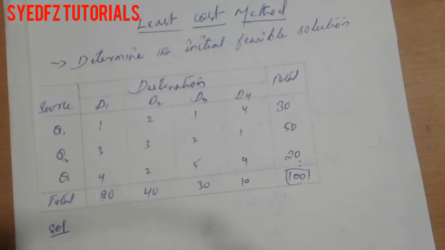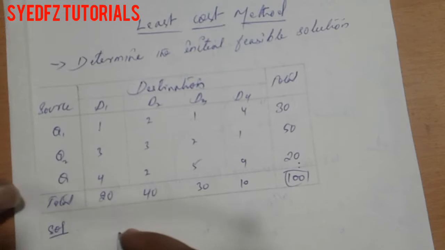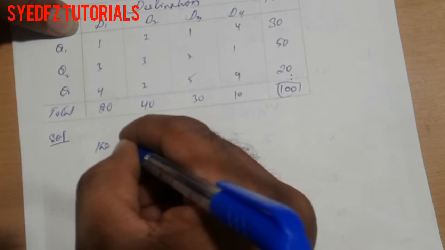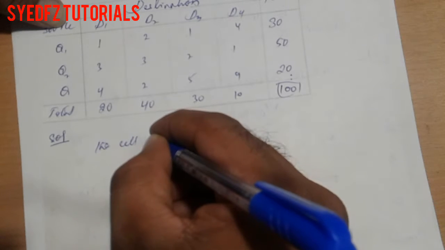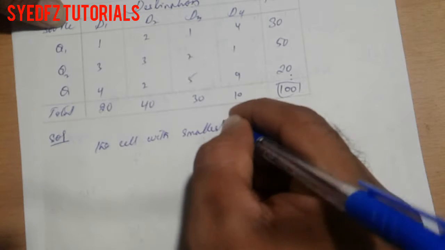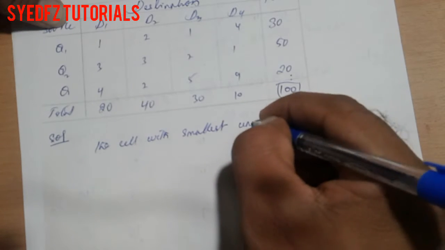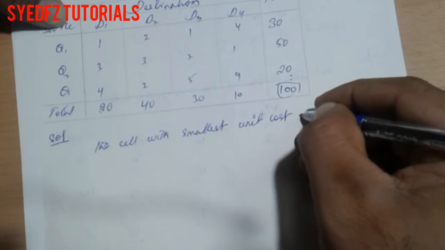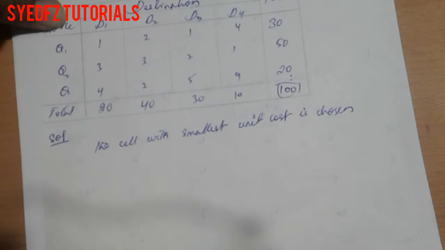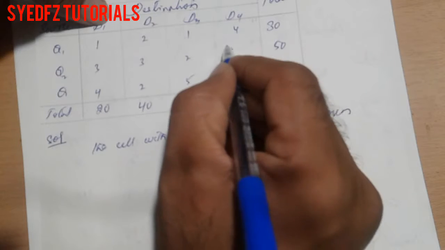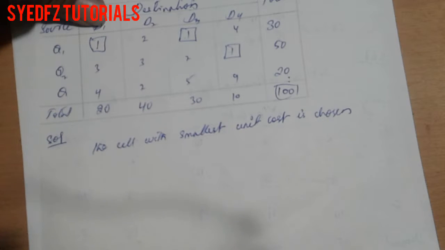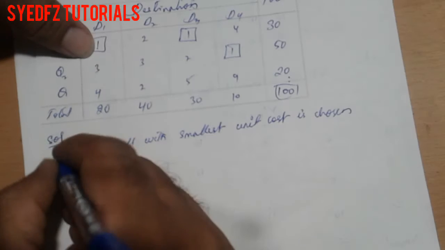If it is a tie, what can we do in the next step? The steps. Step 1: the cell with smallest unit cost is chosen. Smallest unit cost means we got three here, so it's a tie problem.